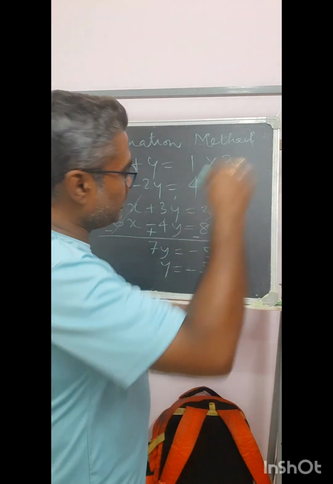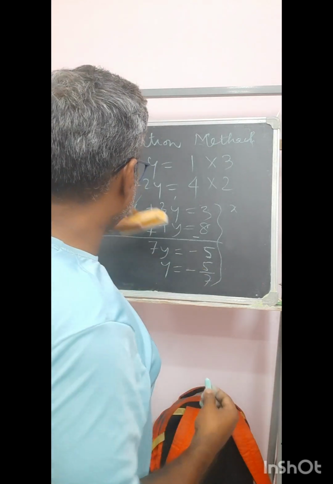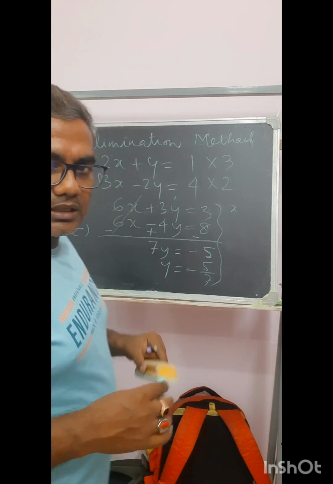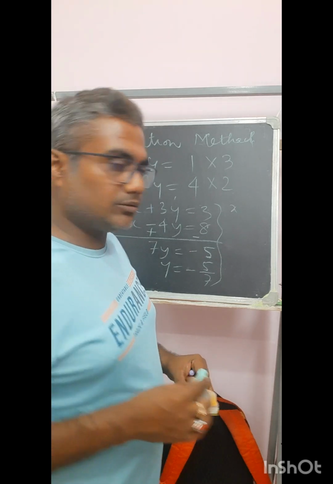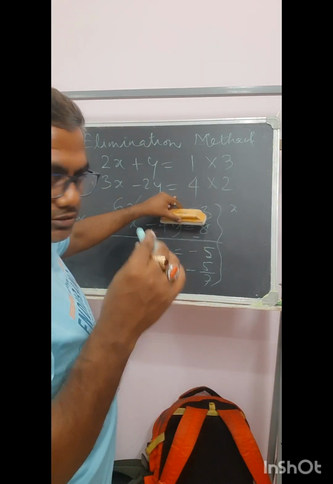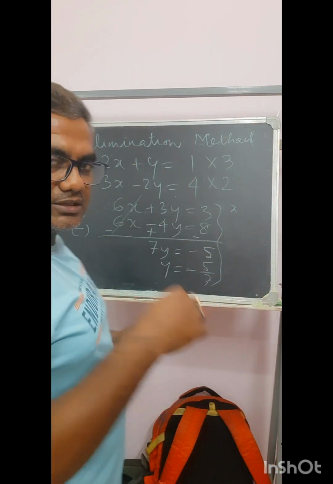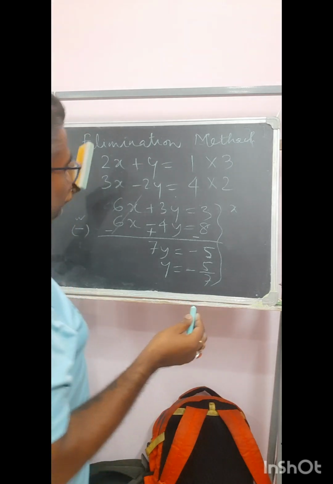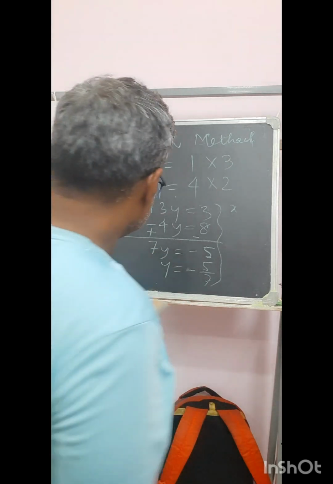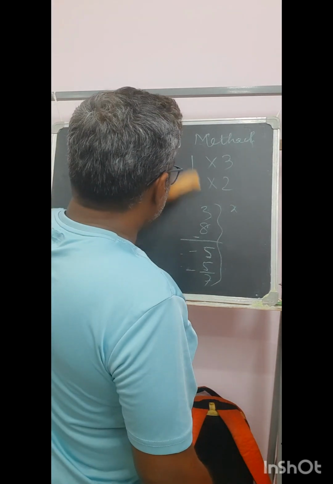This could be a very cumbersome calculation. Sometimes there will be larger values in the coefficient, so at that time it will be very tough for you to calculate. Rather, once you get the first value the easy way, then you can substitute it in one of the equations to get the second value. So that will be a combination of substitution and elimination. Okay, so this is the elimination.